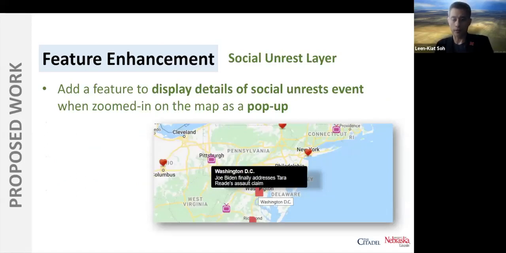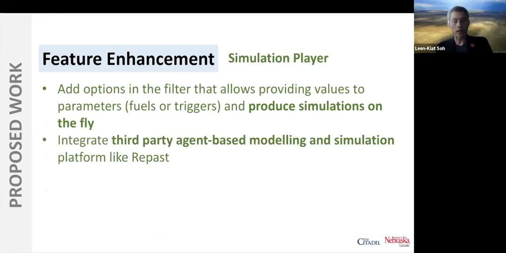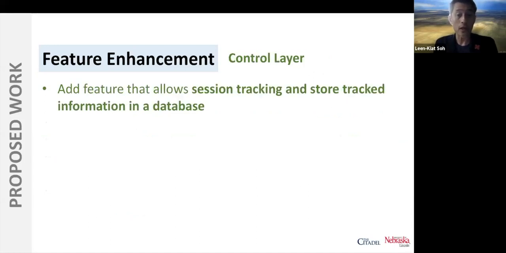We also have additional information to display for the simulation layer, to allow it to be controlled by parameters and generate simulations on the fly, to integrate a third-party agent-based modeling simulation platform, for example. And a control layer for session tracking, storing tracked information in a database, so they can analyze user behaviors and interactions with the platform.